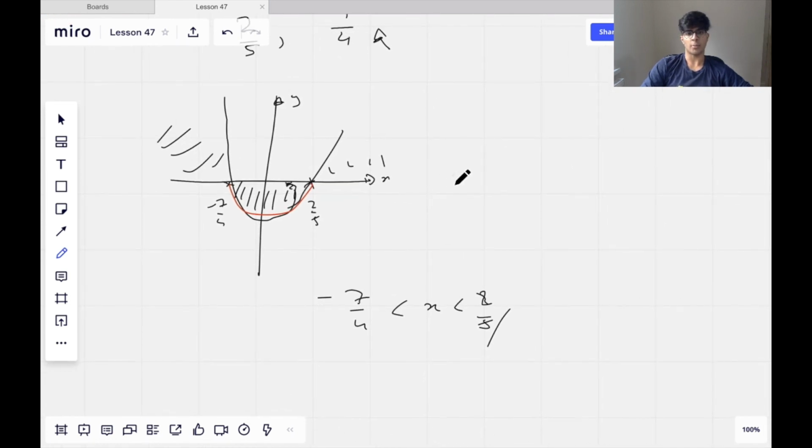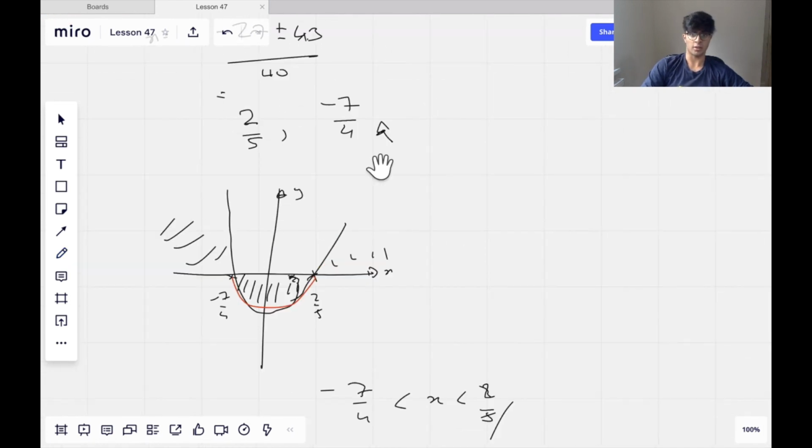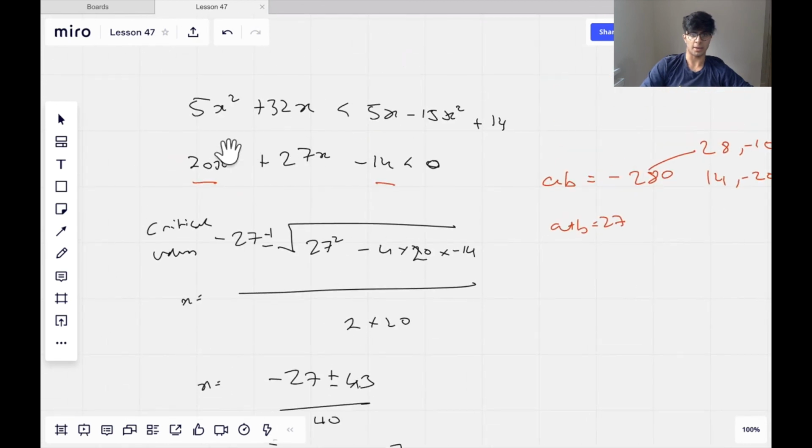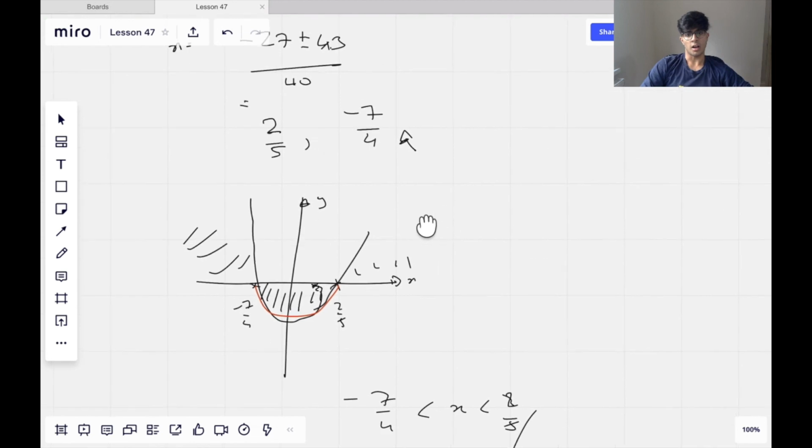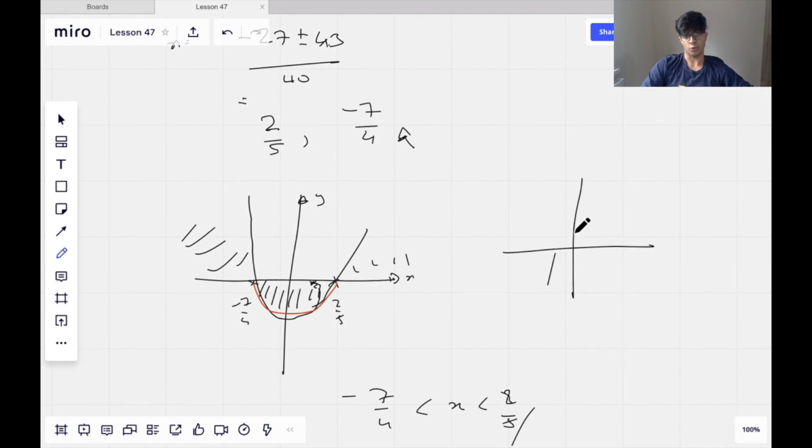Also, if you ever come across a negative, so if in the question it's minus x squared, or the coefficient of x squared is negative, remember you'd have a parabola that's flipped. So make sure you draw it out so you know what happens. In this case, if it's greater than 0, then you're looking at a number in between two numbers.